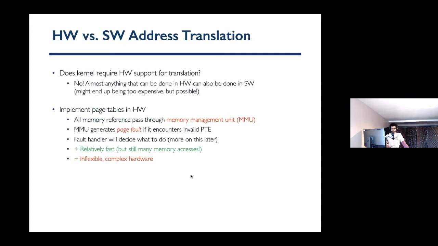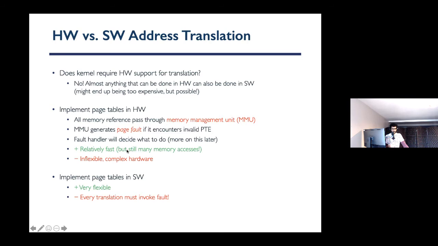So hopefully operating systems are flexible, so they can dance around the problem and bring some flexibility, but the hardware implementation is fixed, nothing can be changed. But it's fast, right? Because everything is being done in hardware, so you can do this relatively fast.